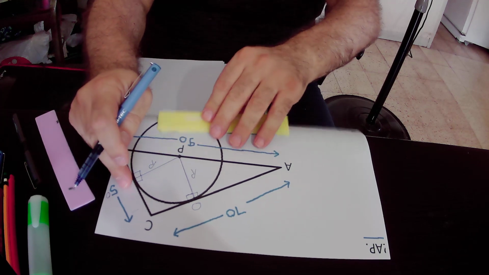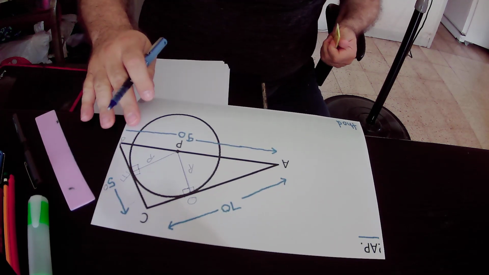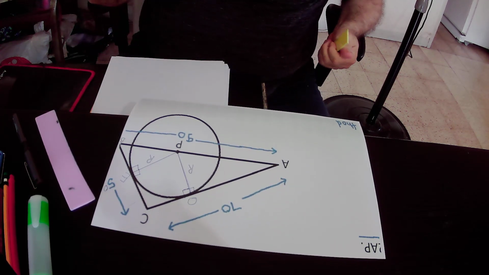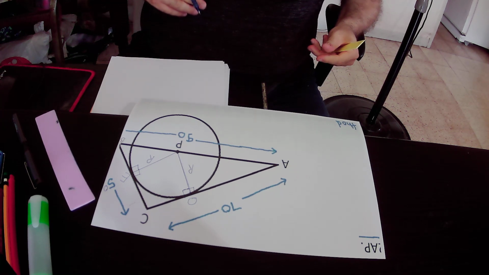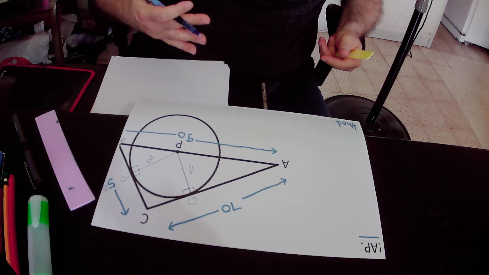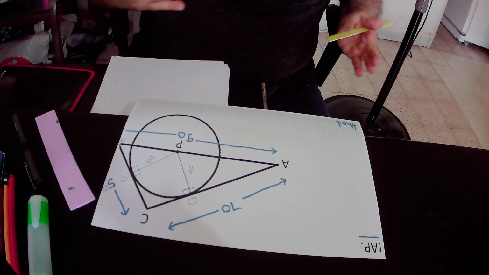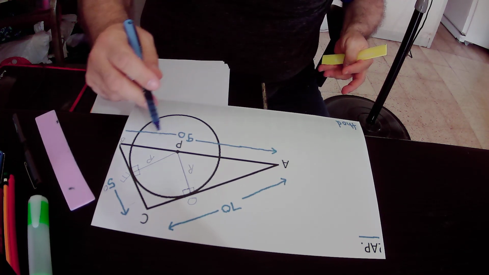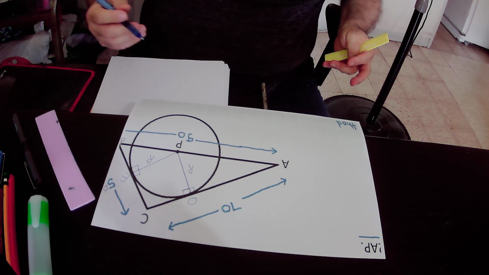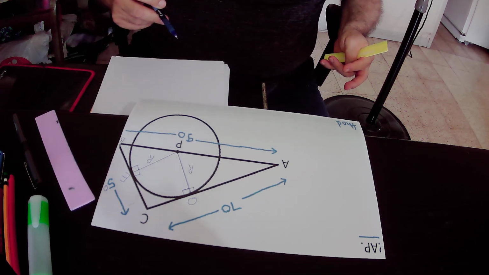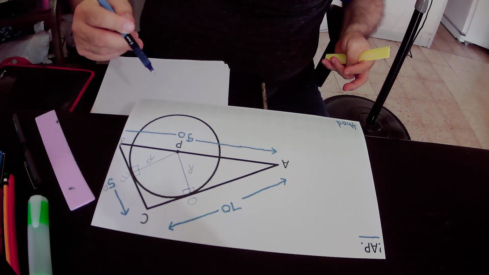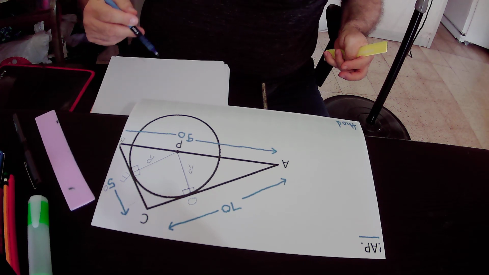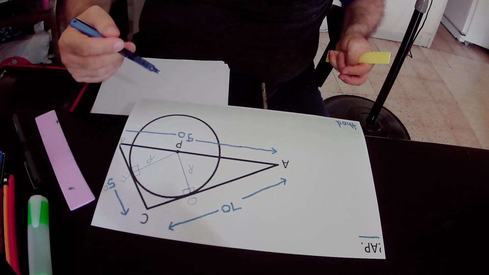Again, according to the rule that in any circle, the radius and the tangent to that radius are perpendicular to each other. So PE is the radius of this circle, and CB is tangent to that radius.